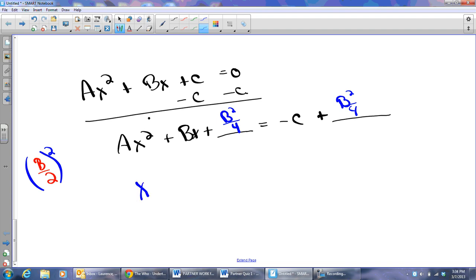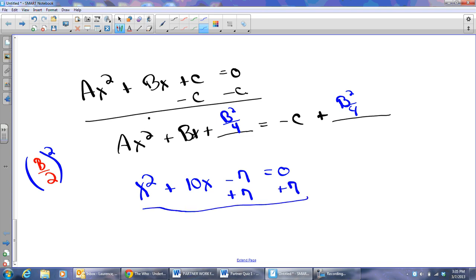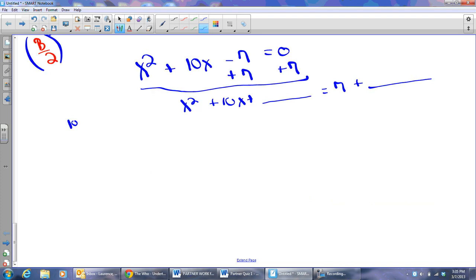But let's go x squared plus, I don't know, 10x minus 7 equals 0. I add 7 to each side. I get x squared plus 10x plus a blank equals 7 plus a blank. Off to the side, I take 10, I divide it by 2, I square it, and that's going to be 5 squared, which is 25. Add 25 to this side.